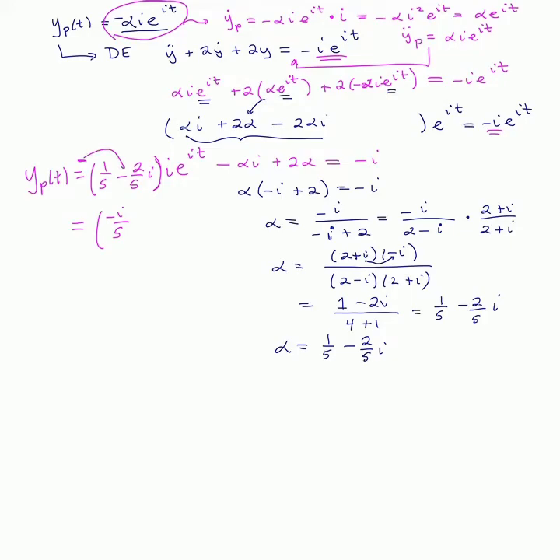Distributing the negative here will be plus i squared is minus 1, so minus 2/5 e to the it. If you factor out the minus sign, negative 2/5 plus i over 5 e to the it. Okay, and that's the particular solution.